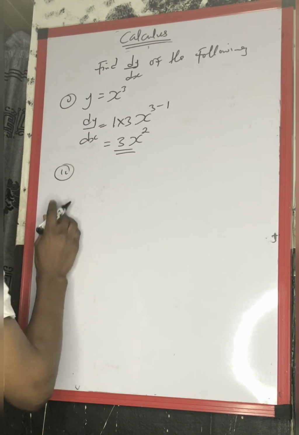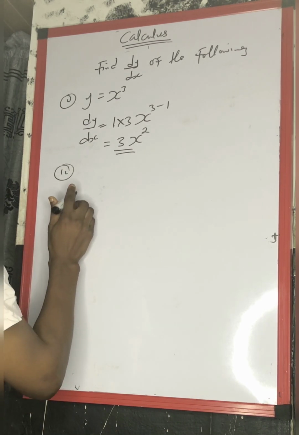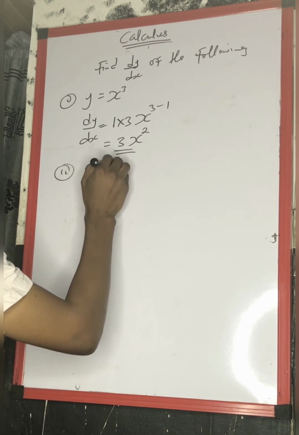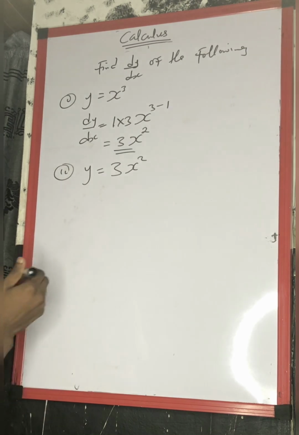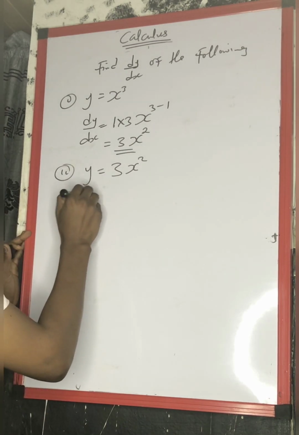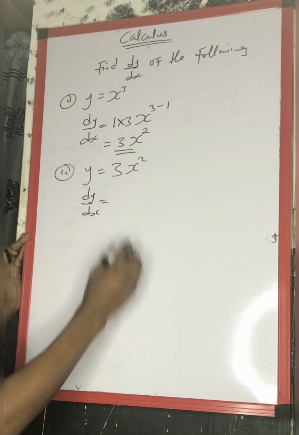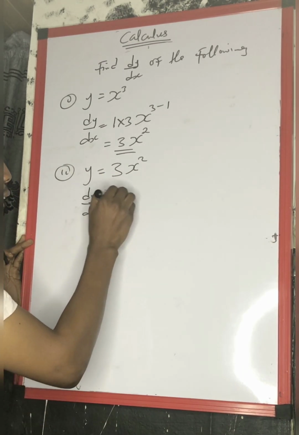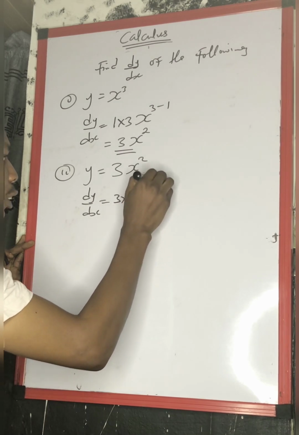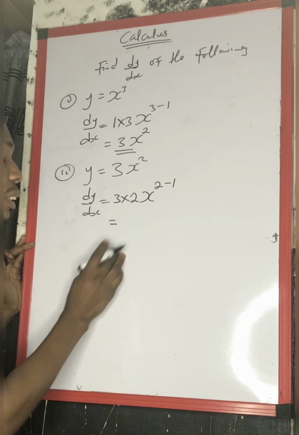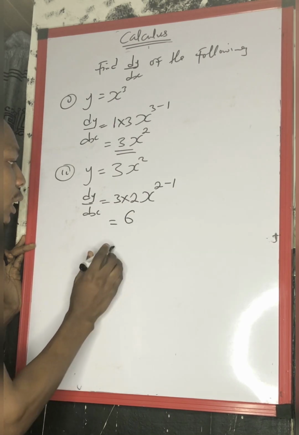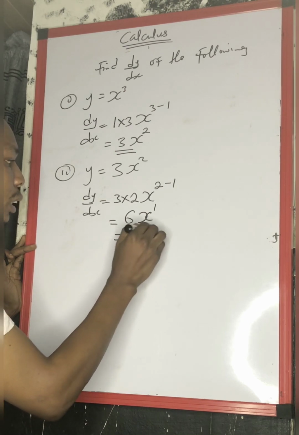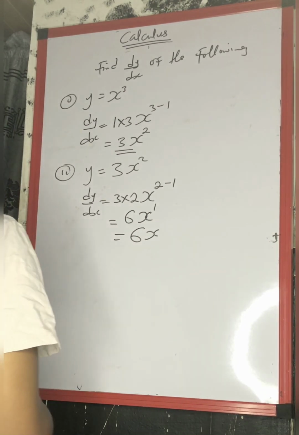Then number 2 question. If we are given y equals 3x squared, our dy dx is going to be, you multiply this with this, which is 3 times 2. Then we have x^(2-1). 3 times 2 is going to give us 6, then x^(2-1) is x^1, so we have 6x.